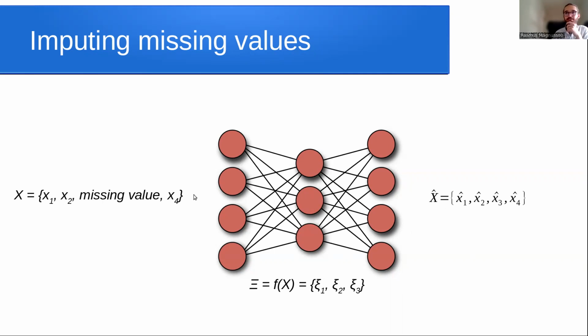So we will actually have something that is a good approximation of what x3 should have been, if you would have observed it in the data from the beginning. So that is a very, very important tool to find missing values.